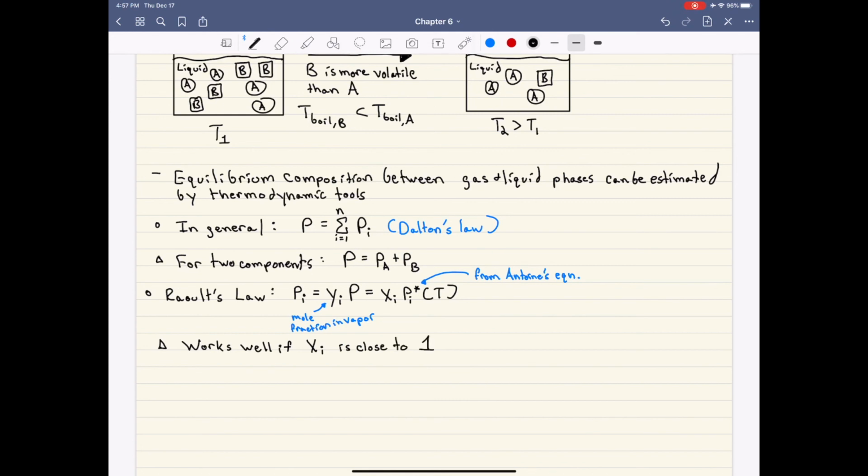Right? So, for example, liquid water in equilibrium with air. For this sort of system, Raoult's law is appropriate to use. Okay?